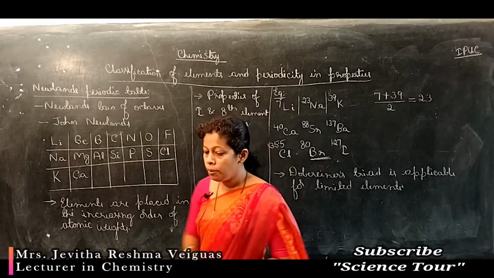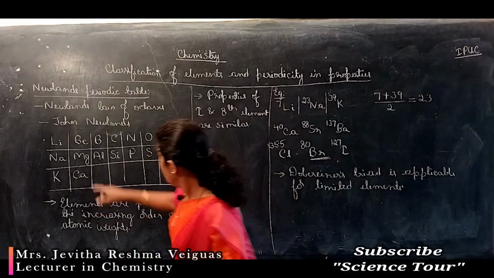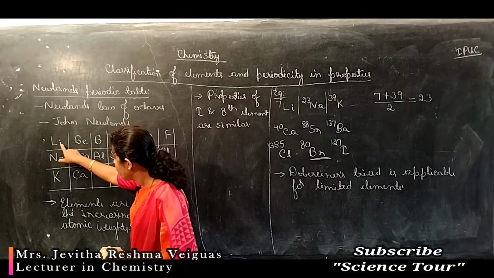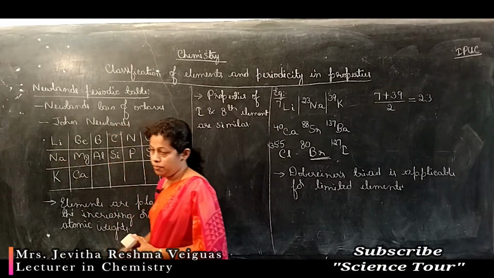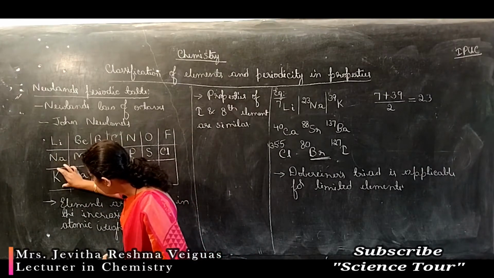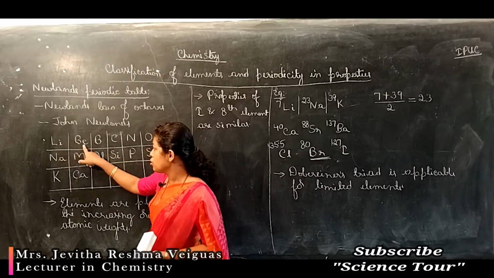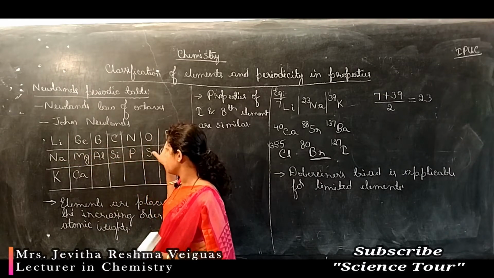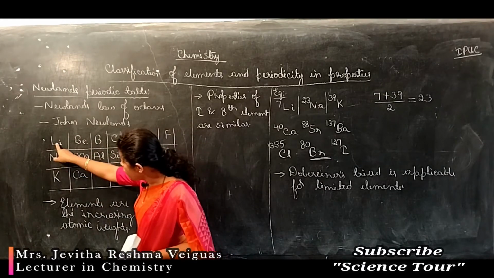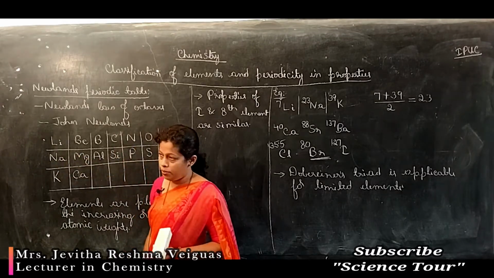Here in the periodic table, if you consider lithium as the first element, the eighth element is sodium. For sodium, the eighth element is potassium. You can count if you want: 1, 2, 3, 4, 5, 6, 7, 8. That means for lithium, the eighth element is sodium.